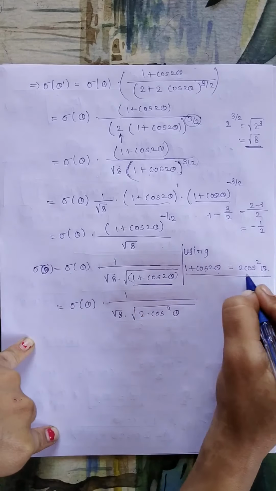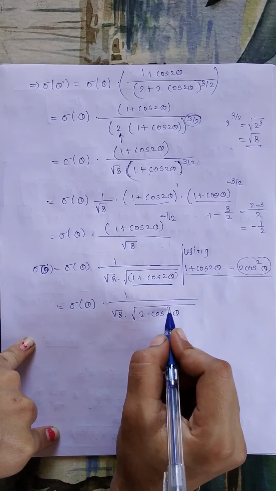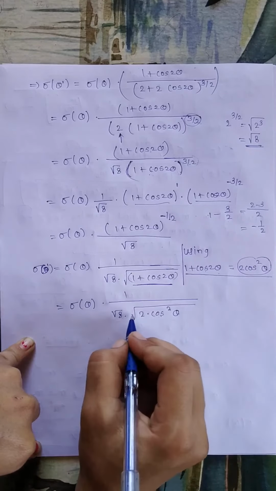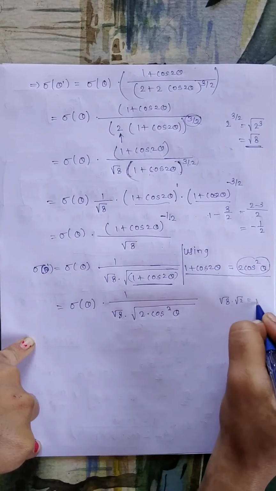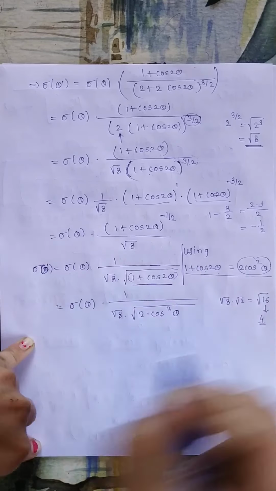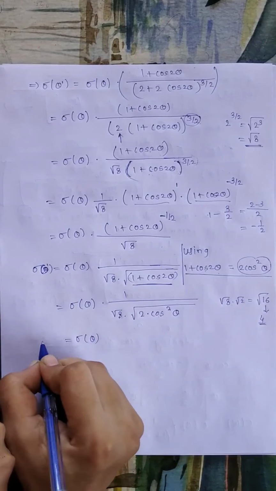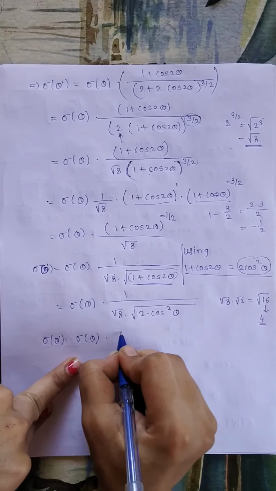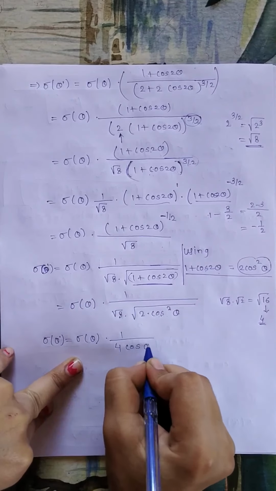Instead of this, I have put this identity. So if you observe here, cos square theta, which is inside the root, so we will get here only cos theta, and this root 8 into root 2 we will get root 16, and square root of 16 is 4. So I can write here sigma of theta dash equals to sigma of theta into 1 upon 4 cos theta.